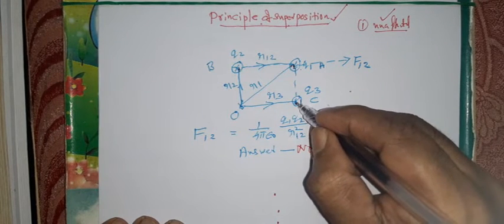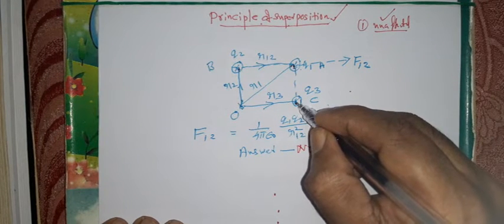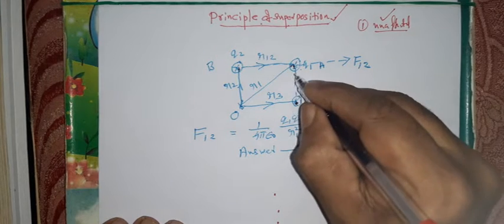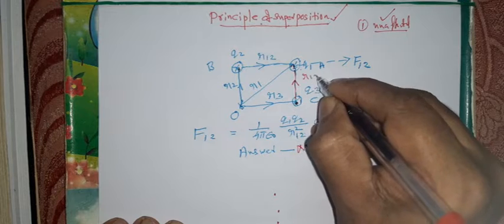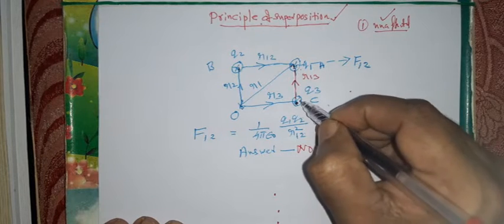Then we can come to the force exerted by Q3 on Q1. The distance can be represented as R13, the distance between Q1 and Q3.